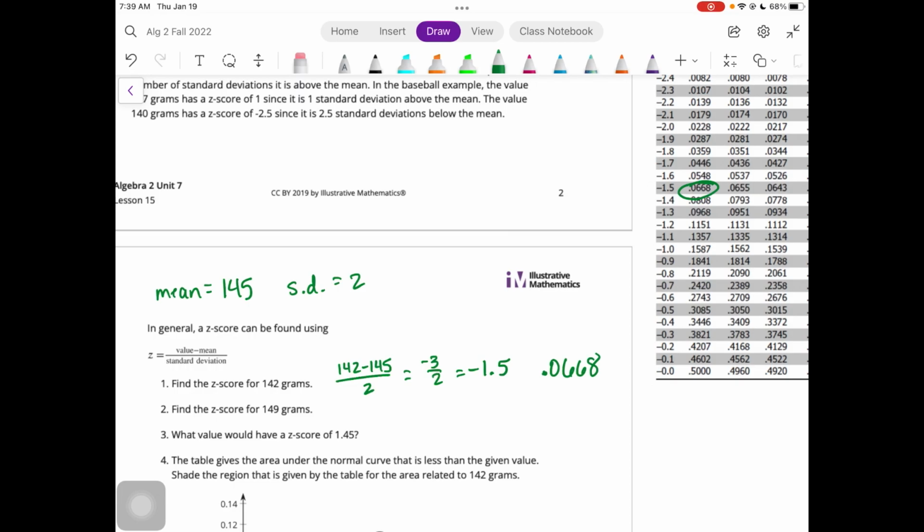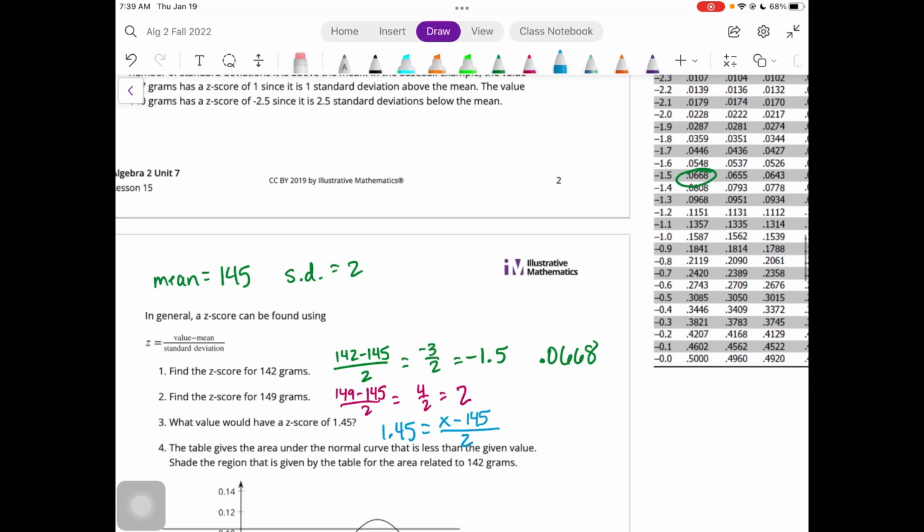All right, so let's do 149 grams. We're just going to find the z-score this time. We're not going to look at the chart. 149 minus 145 divided by 2 gives us 4 over 2, so our z-score is 2. Now, what value would have a z-score of 1.45? We're looking at z is 1.45, and we're trying to figure out what x is, but we're subtracting 145 and dividing by 2.